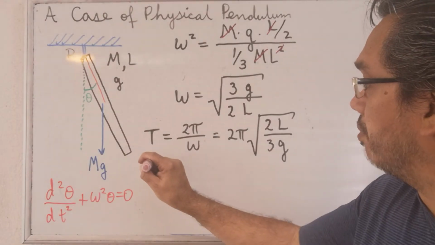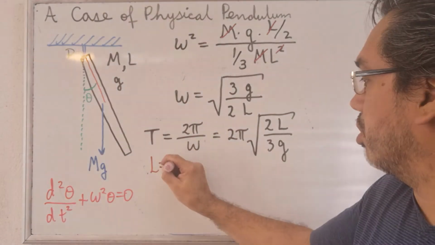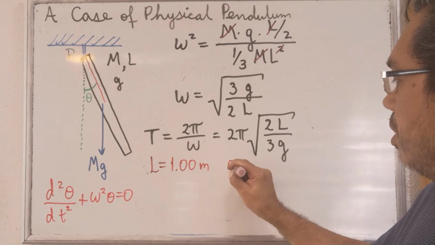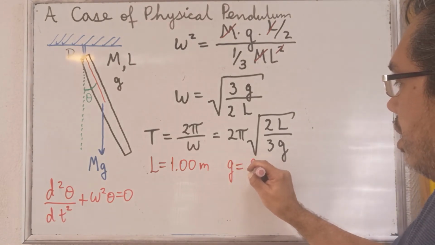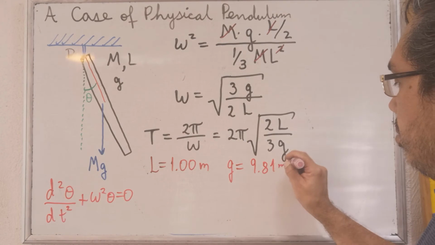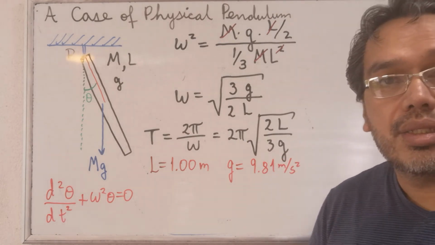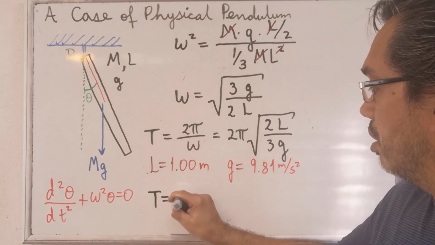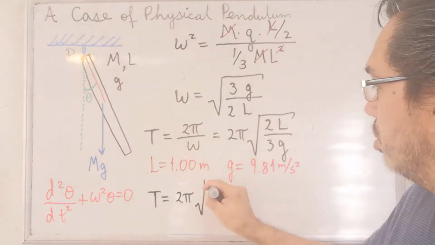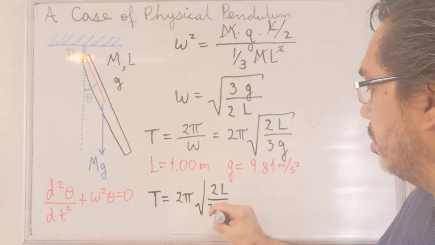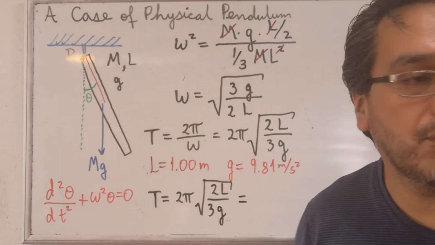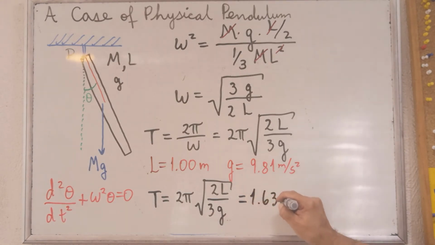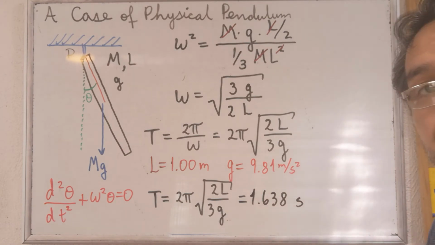And so if you consider that your length is approximately, to the nearest hundredth, 1 meter, and g is, to the nearest hundredth, 9.81 meters per second squared, then it is a simple calculation that your period, 2 pi times the square root of twice the length over 3g, gives you a value of 1.638 seconds.